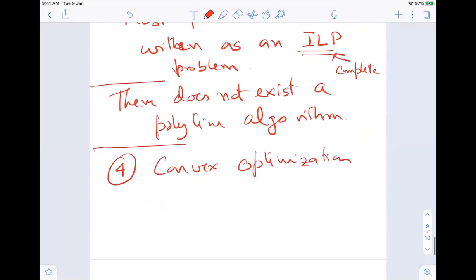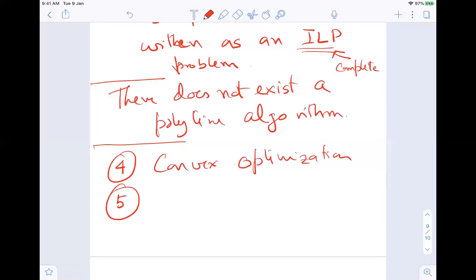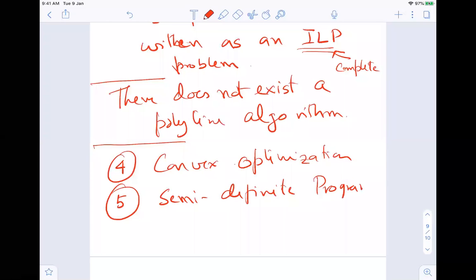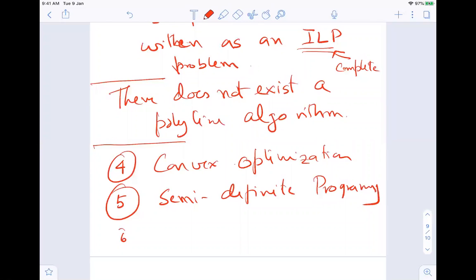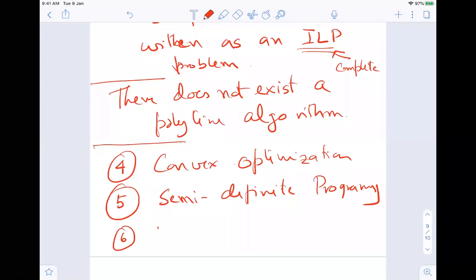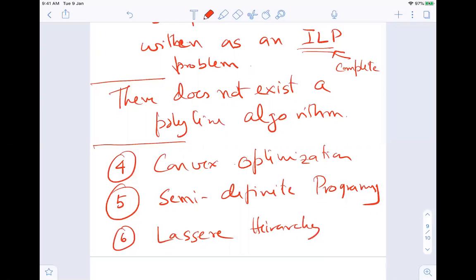There are things like semi-definite programming, or SDP, which you can think of as a special case of quadratic optimization. And it goes on and on, producing a completely new genre of work called the Lasserre hierarchy. These are all beyond the scope of this course. I'm just giving you these names in case you are interested.